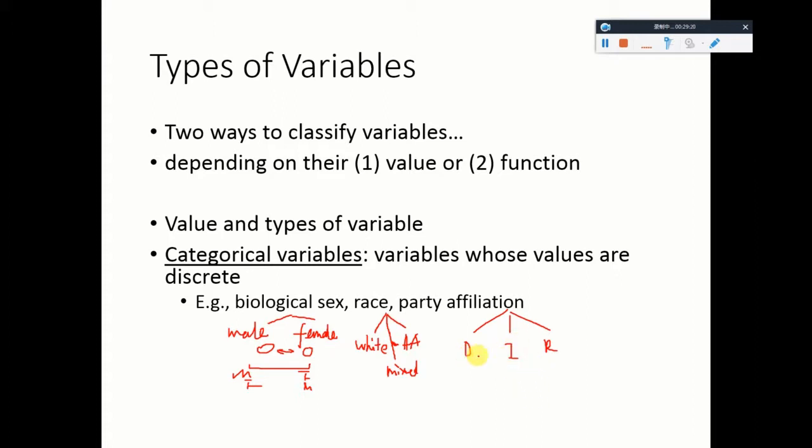Again, these people are mutually exclusive and non-continuous, so they're discrete. That's why we say that these variables are categorical variables. They have values, male, female, white, African American, Democrat, Republican, that belong to different categories. That's why we call them categorical variables. Okay?